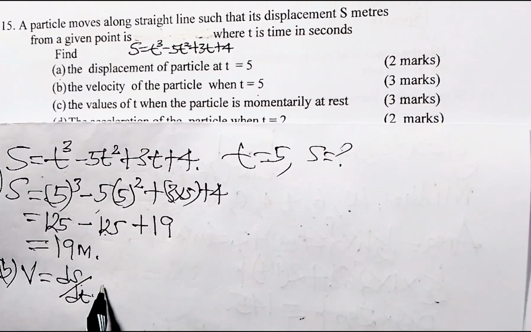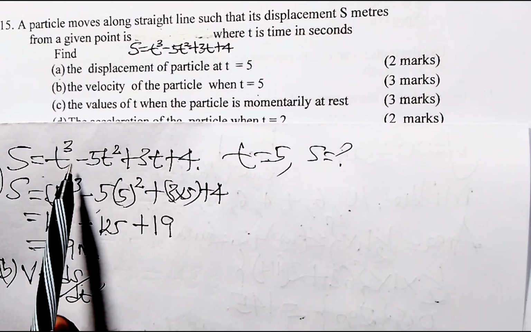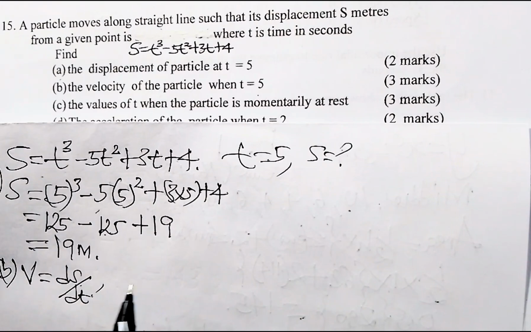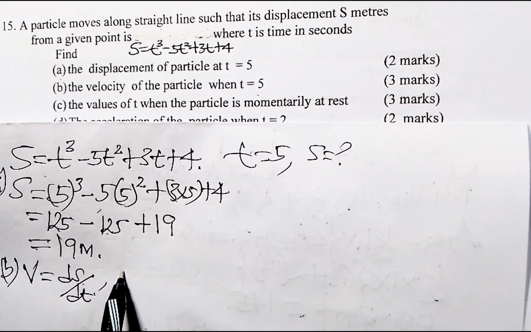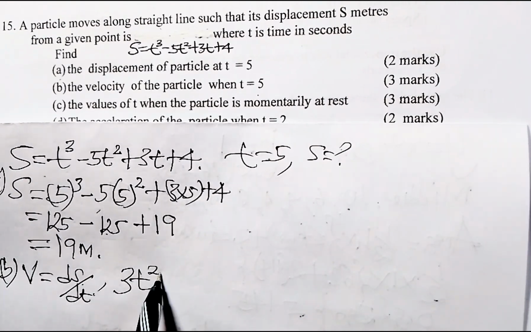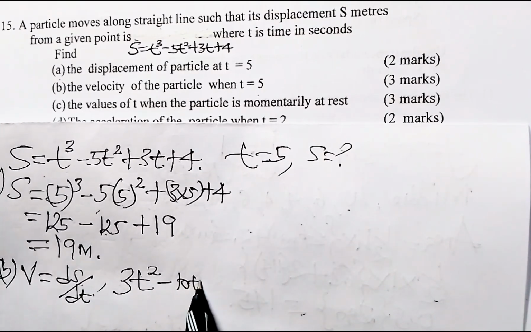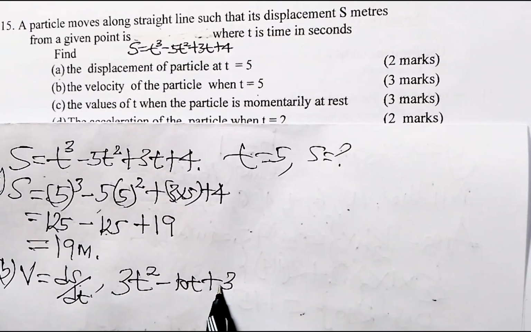So when we differentiate this, we get the velocity function being given by 3t squared minus 10t plus 3.